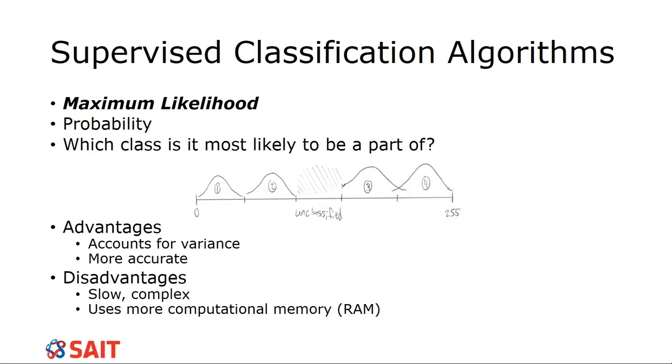So with supervised classification, the third algorithm is maximum likelihood. So maximum likelihood is based on probability. So now we're actually accounting for variance, which is kind of nice. So it goes by what class it is most likely to be a part of. So we can see how we have bell curves here, and those bell curves represent every class as we go. For example, here I might have a gap, and that's okay. In maximum likelihood, it's okay to have that.